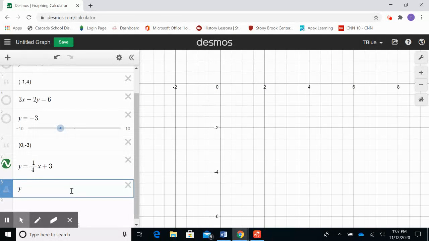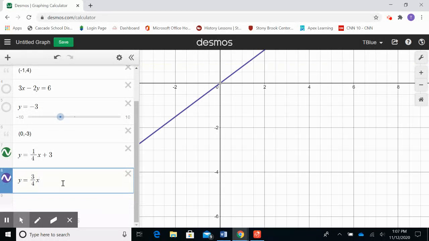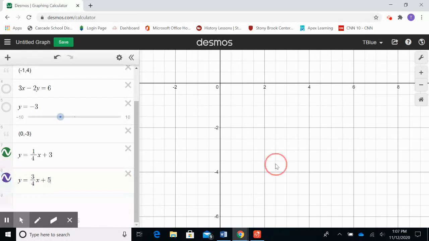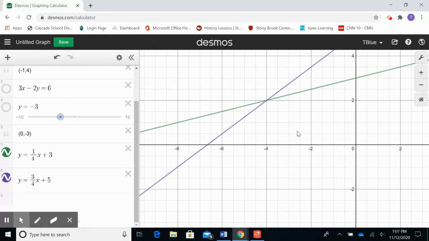And then we have y equals 3/4 x plus 5. If we check that, we can see that the two lines cross right here, which is negative 4, 2, which is what we had.